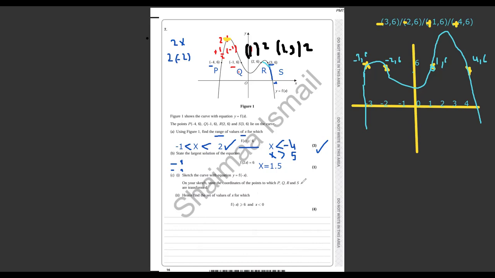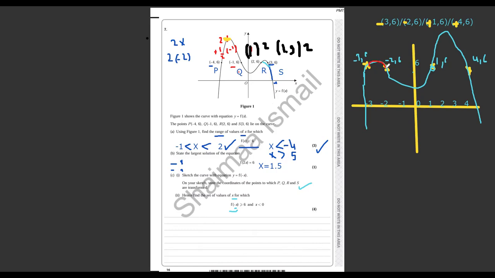Okay. Hence find the set of values of x for which f of negative x is more than 6. Where can we see that f of negative x is more than 6? He asked for the range, so we're going to see the range that is more than 6.